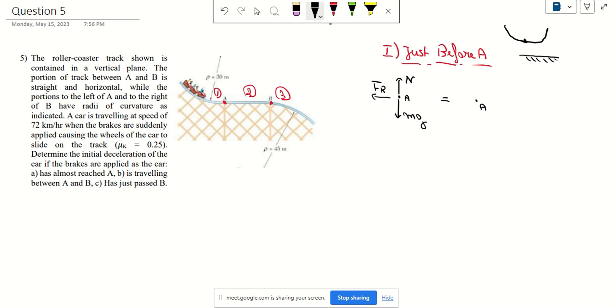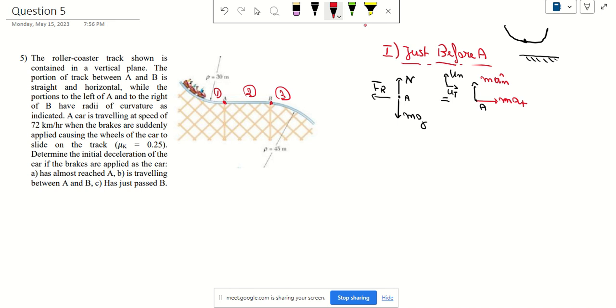So we have two directions to study. The first one is from the particle to the center, which is un. Sorry, this is un. And the second one is in the direction of motion, so this is ut. So you will have m an and you will have m at.